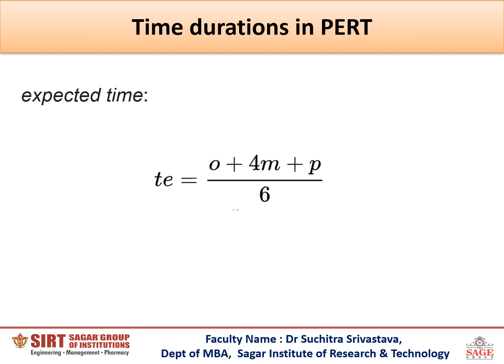This expected time is computed as follows. The TE, or the expected time, is given by (O + 4M + P) divided by 6, where O stands for the optimistic time, M stands for the most likely time, and P stands for the pessimistic time.